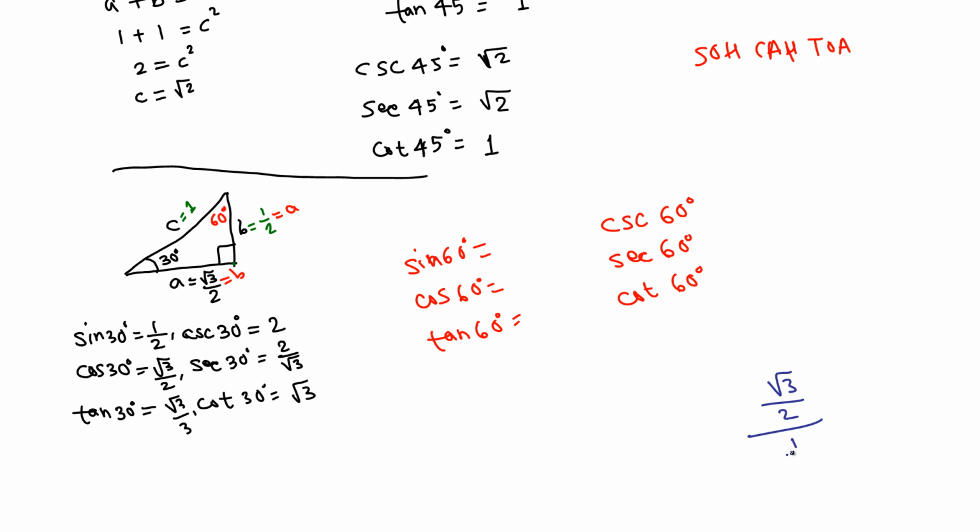This division into multiplication, then this cancels, √3/1 is just √3. Oh, I made a mistake. Sine is opposite over hypotenuse. That's a mistake, what I said earlier. Opposite over hypotenuse, so √3/2 divided by 1.